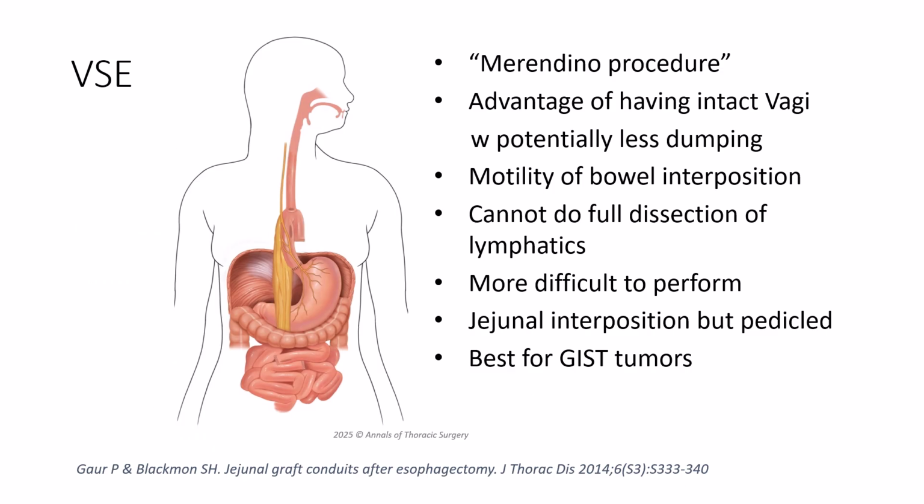The Marandino procedure or vagal-sparing esophagectomy has the advantage of keeping the vagus nerve intact. This may result in potentially less dumping, but is not a good situation when the patients have an esophageal cancer and a lymphadenectomy is required. This is perhaps best for gastrointestinal stromal cell tumors. The jejunum is interposition and pedicled.